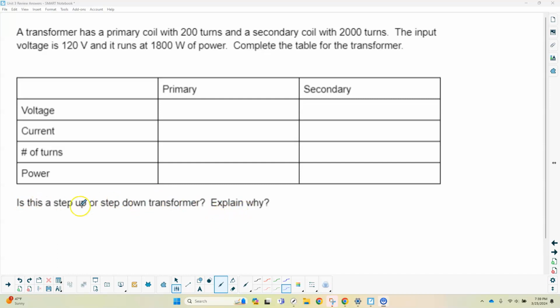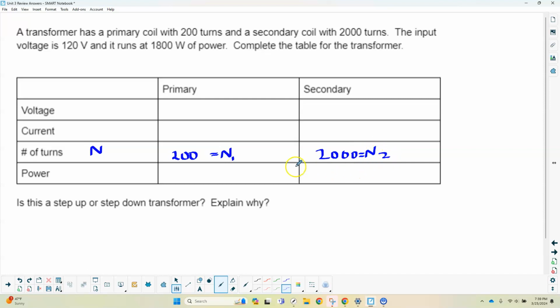You can answer this last question first if you wanted, or you could go through this and try to figure it out. But let's take what we know and plug it in here. 200 turns is the primary, so it starts out with 200 and goes up to 2,000. This one is N1, and this 2,000, which I failed to write another 0 for, is N2.